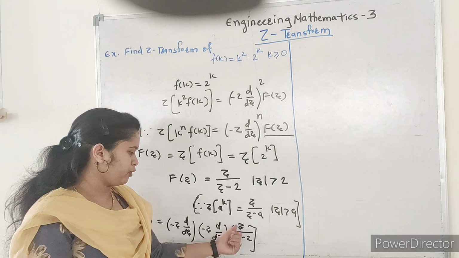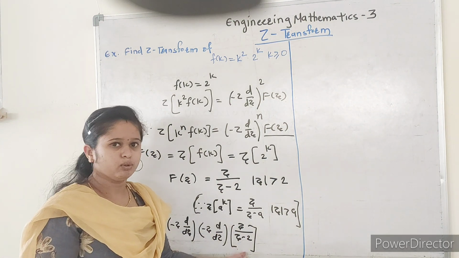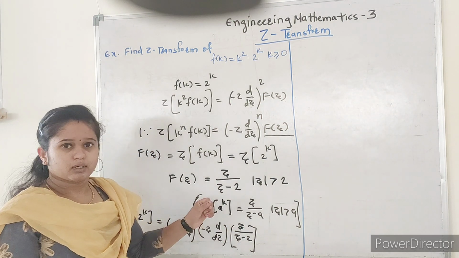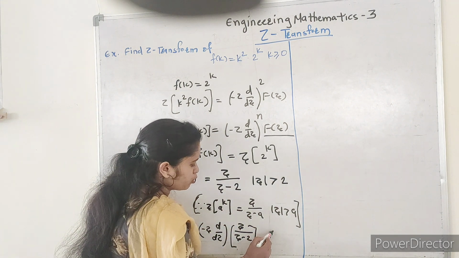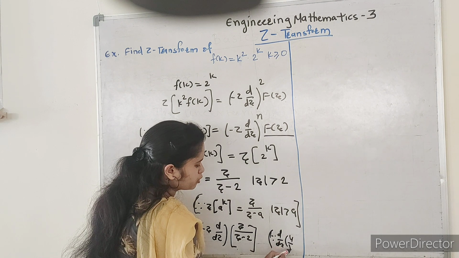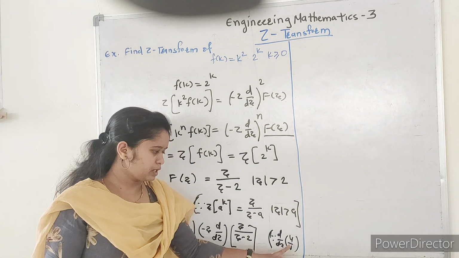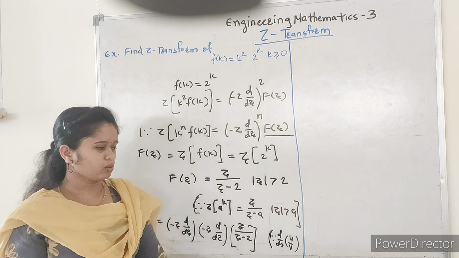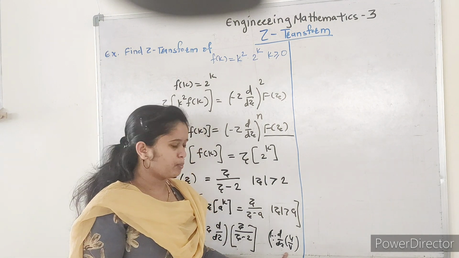What is the first derivative of z upon z minus 2? Here we use the derivative of u upon v rule. What is the derivative of u upon v rule?